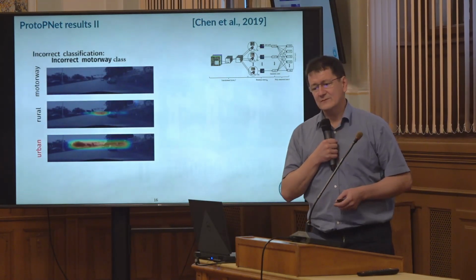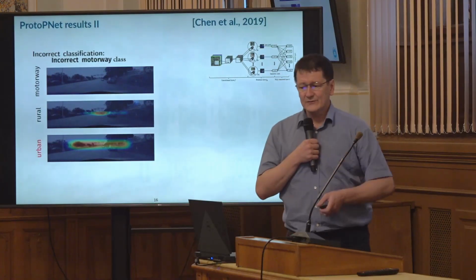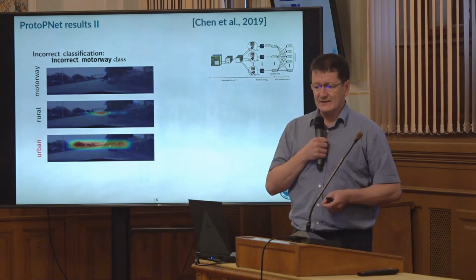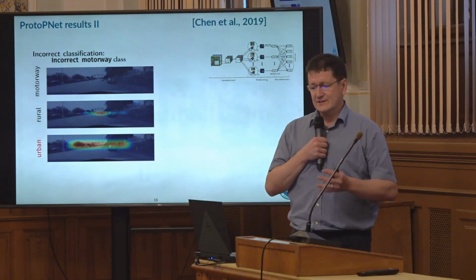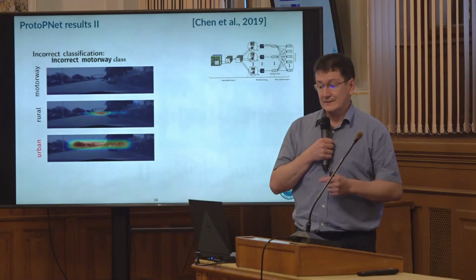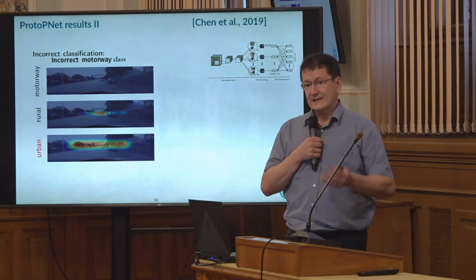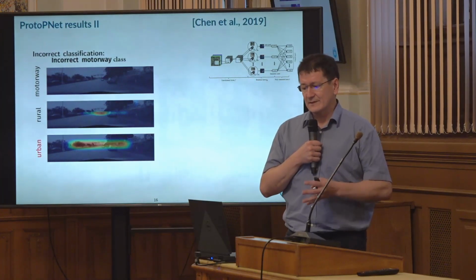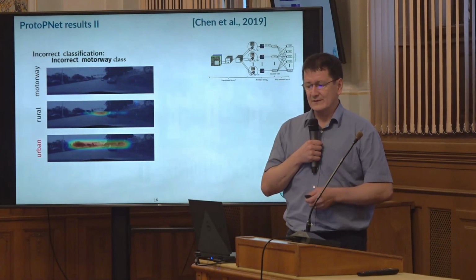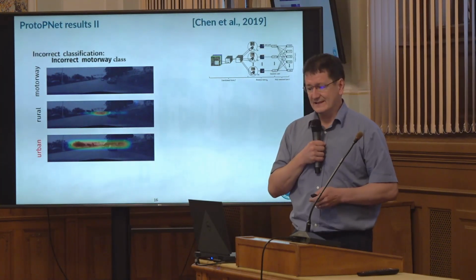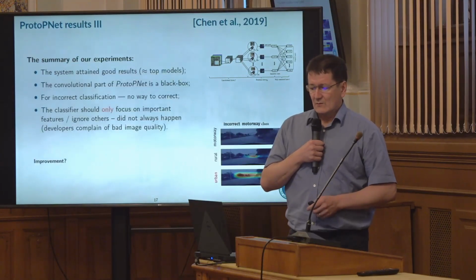What was wrong is that very often these classifications were not correct, but nevertheless the system was pretty certain that the class is urban, when it should have been rural in this case.